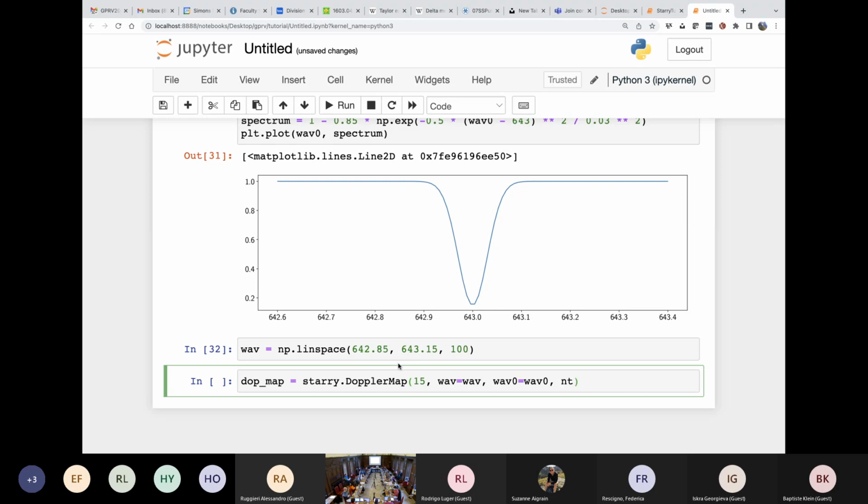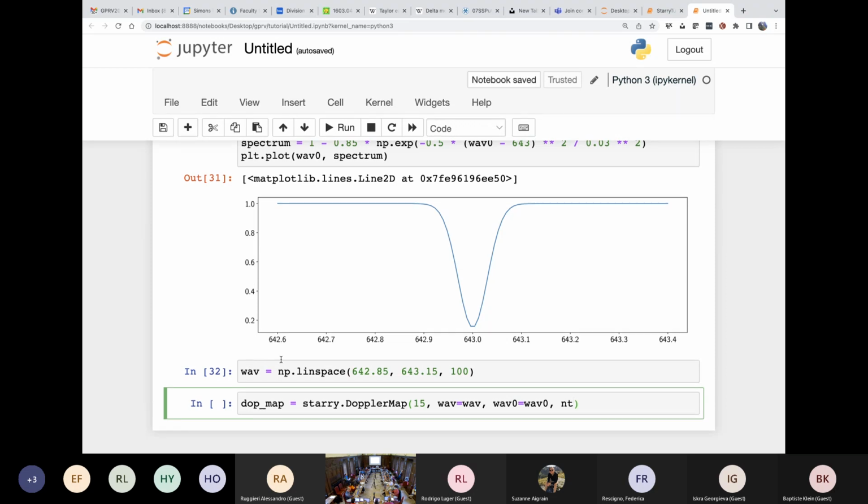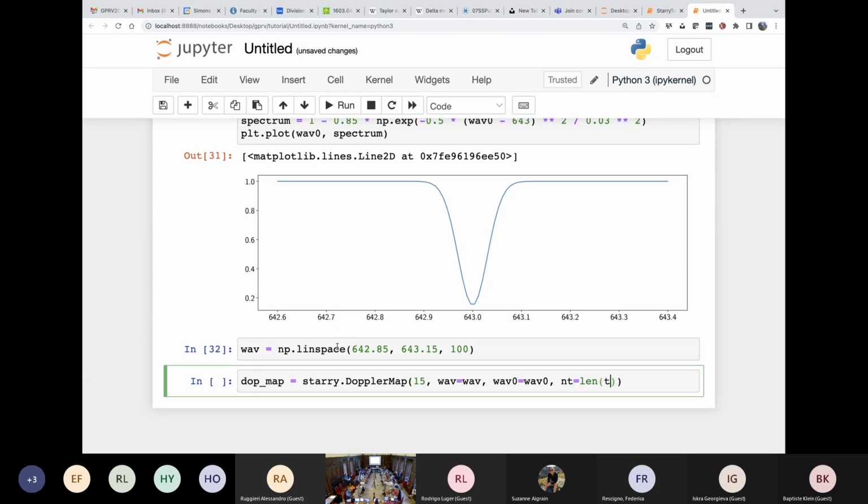The other thing I'm going to pass in is the number of epochs at which I'm going to compute the spectrum. nt for number of times, number of thetas. I defined a theta array up top, so I'm just going to do len(theta). I'm going to evaluate things on the same theta grid.